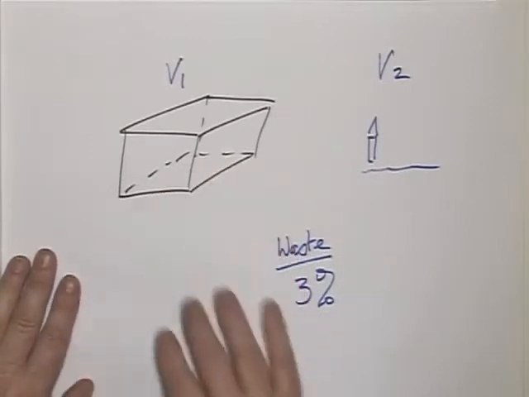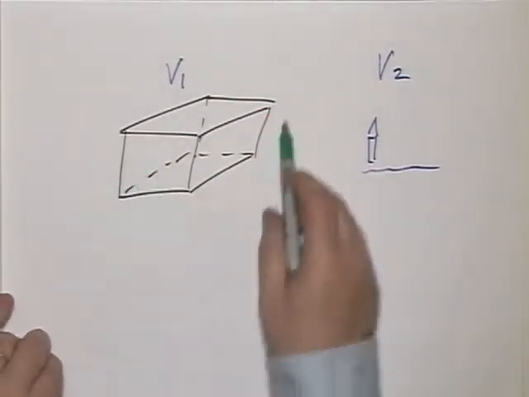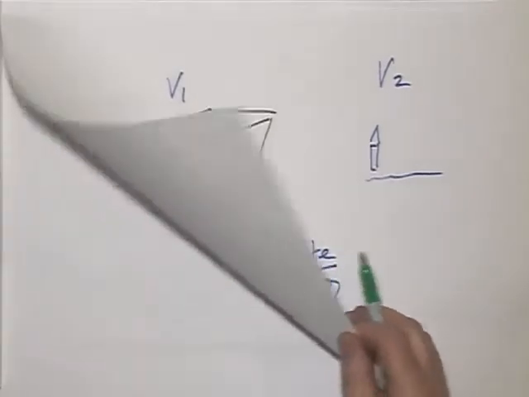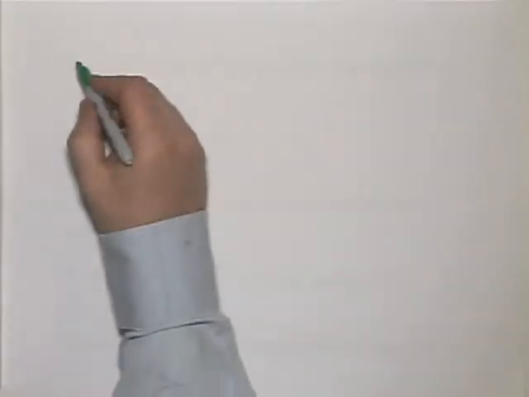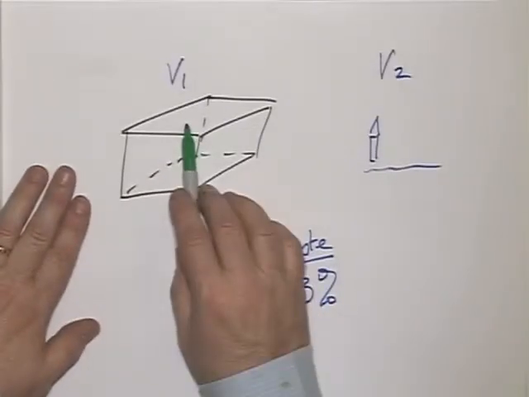But where are these candles coming from? Well, they're coming from one big block of wax. This is our V1. The block of wax, the cube of wax, if we look at that cube volume, what's the volume of a cube?